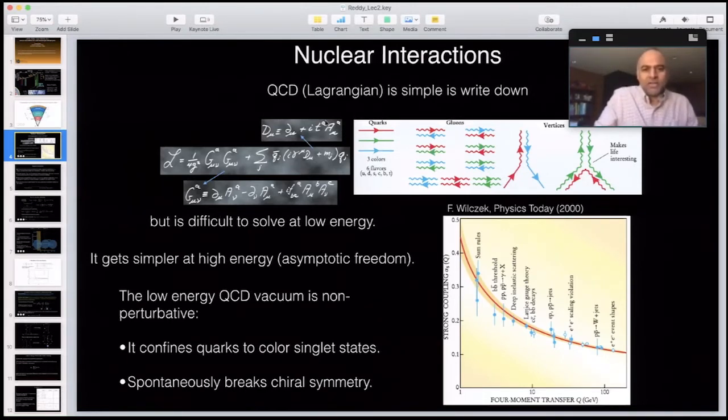Which tells you that there are these SU(3) matrices T^A, and there are these gauge fields labeled by the index A. So this Lagrangian looks incredibly simple, but it's really difficult to solve at low energy. And the reason it's very difficult to solve at low energy is because it requires a non-perturbative method to solve this field theory.